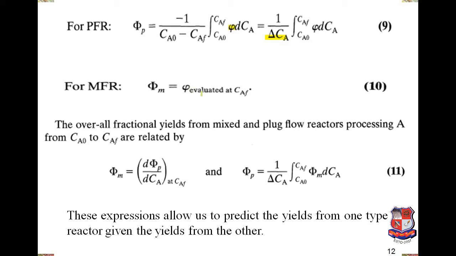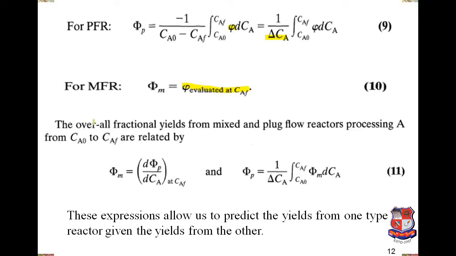Whereas for an MFR or CSTR, you have learned that there is only one rate, and that's why the selectivity will be specifically your instantaneous yield with reference to the final concentration Cf. So there is no integration like in plug flow reactors. Here we are not integrating.